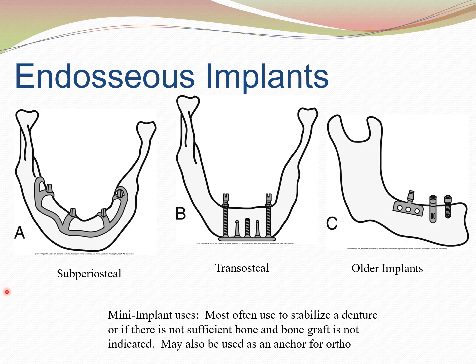Sometimes these subperiosteals can be used to maintain a denture, like here, here, and the denture would snap in. Nowadays, they tend to use more like what this one looks like. It's called a mini implant. Again, these older implants like this are called a blade implant. You really don't see those used today.